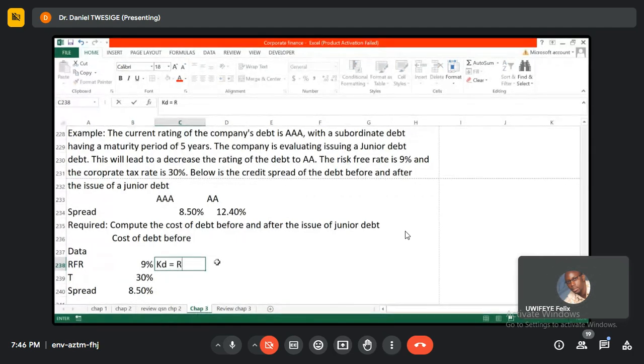It's going to be risk-free plus my spread, times 1 minus T. So if we substitute, I'll have 0.09 plus our spread of 0.085, times 1 minus 0.3. And what do you get with your calculator?